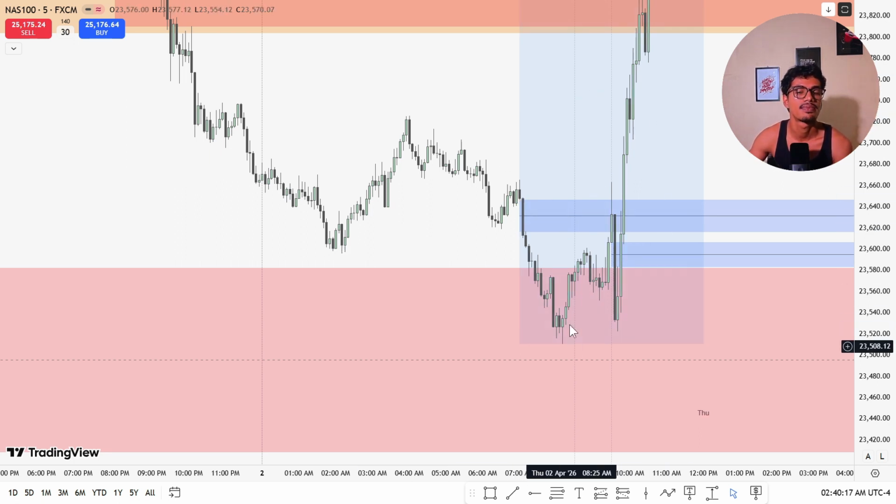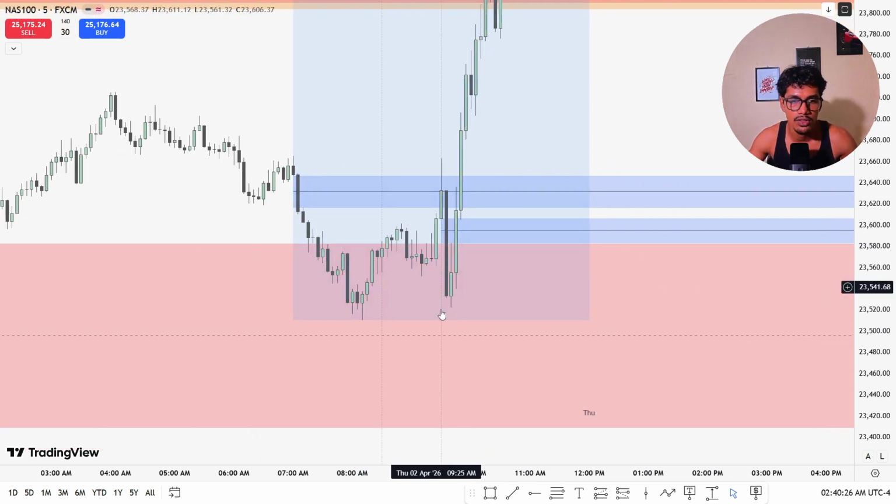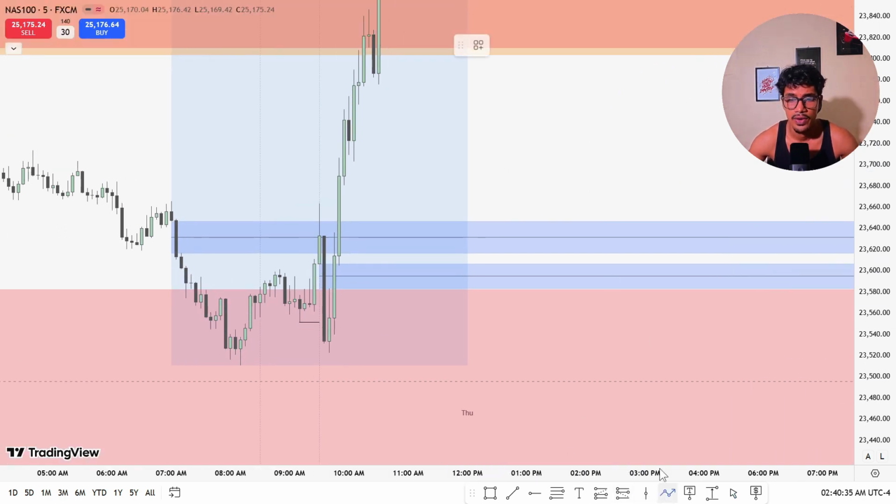So we don't want to see price keep going lower. We expect price to reverse from that point on. And look why this gap was significant: that gap formed before we took out this low, and it was intact.